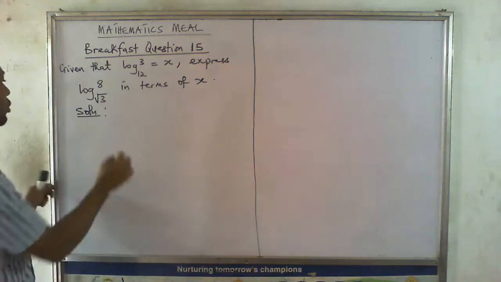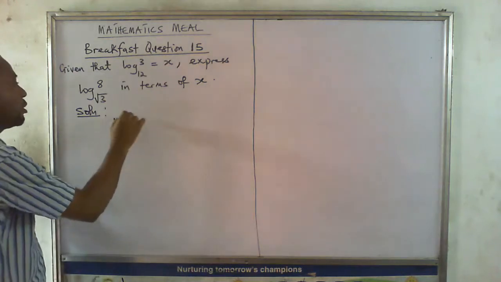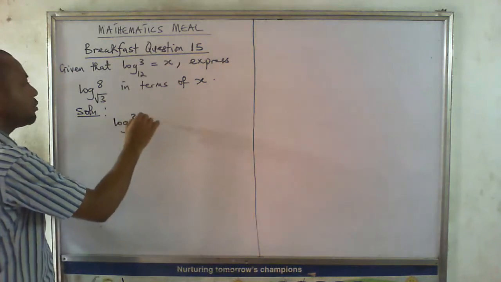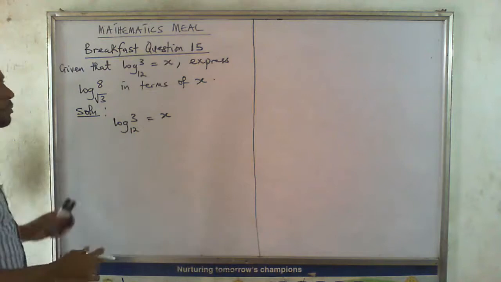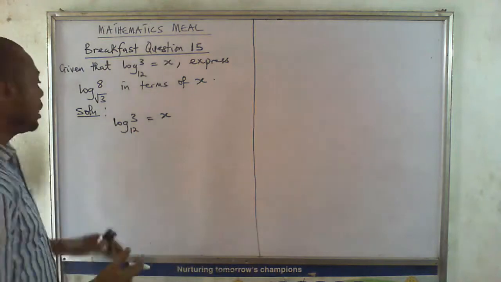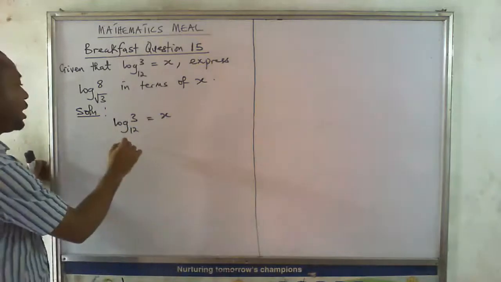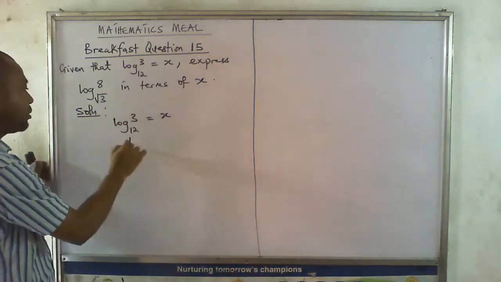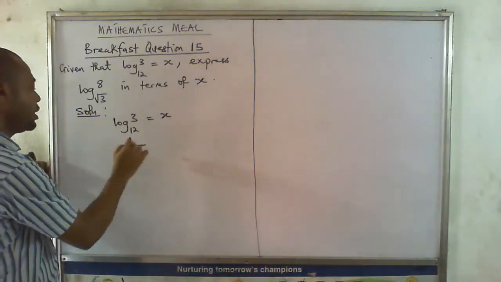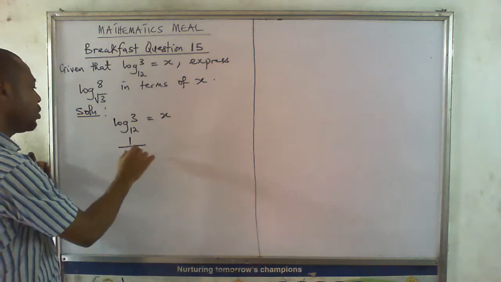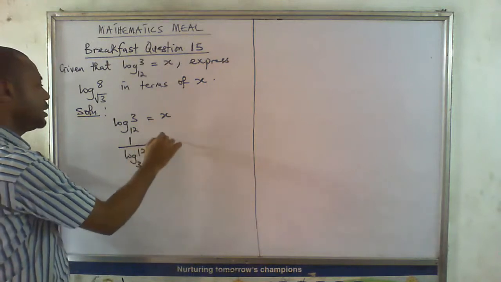Let's go together. We have log 3 in base 12 is equal to x. I can apply the reciprocal law in logarithm, the change of base law, and all of this can be written as 1 over log 12 base 3. I did not change anything.